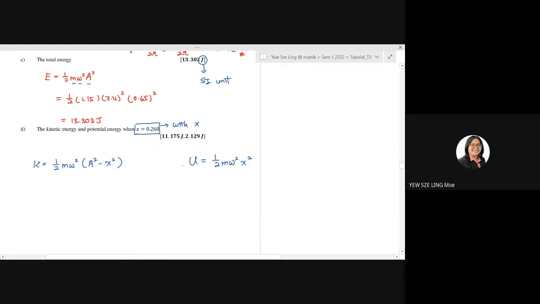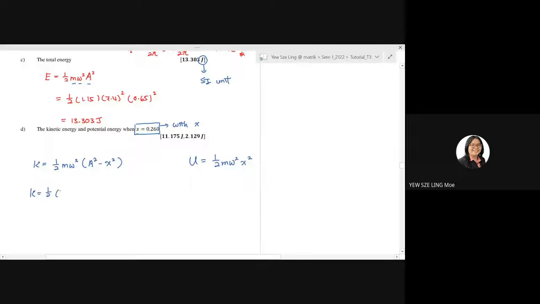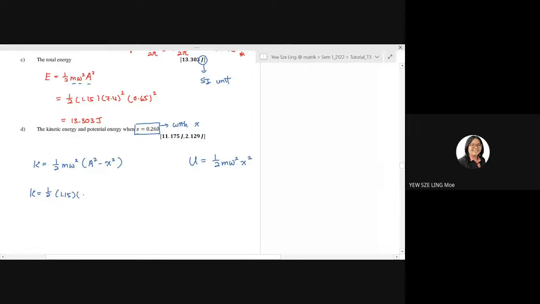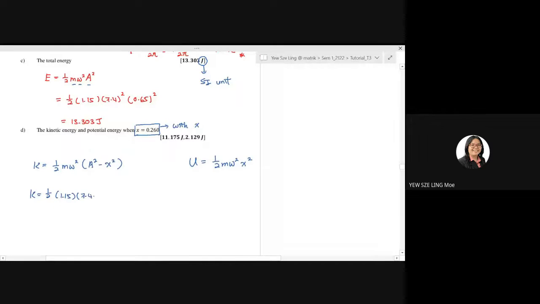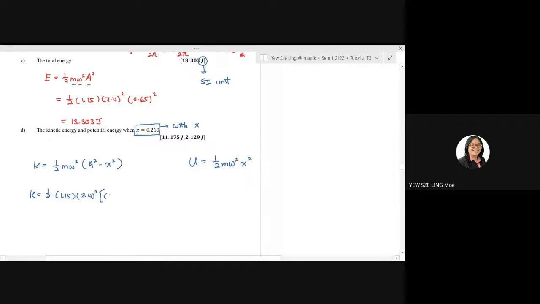So now let us plug in the values. K is now equals 1/2, my m is 1.15, omega 7.4 squared, A given is 0.65 squared minus x, 0.26 squared.